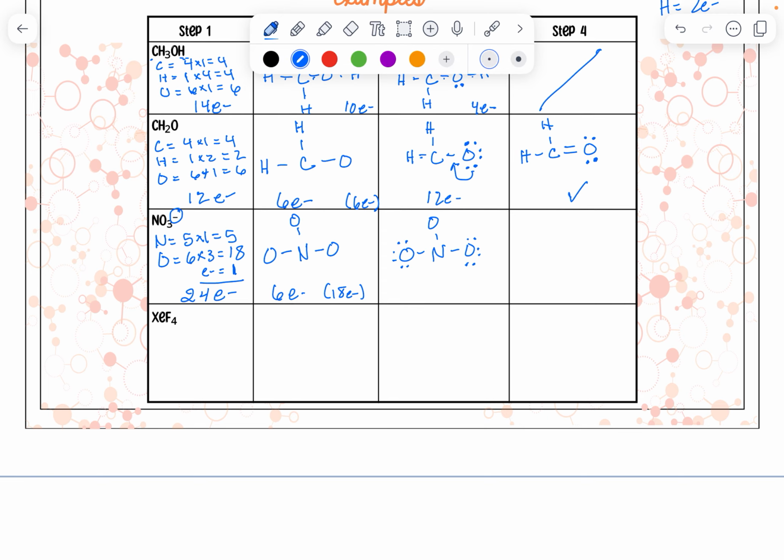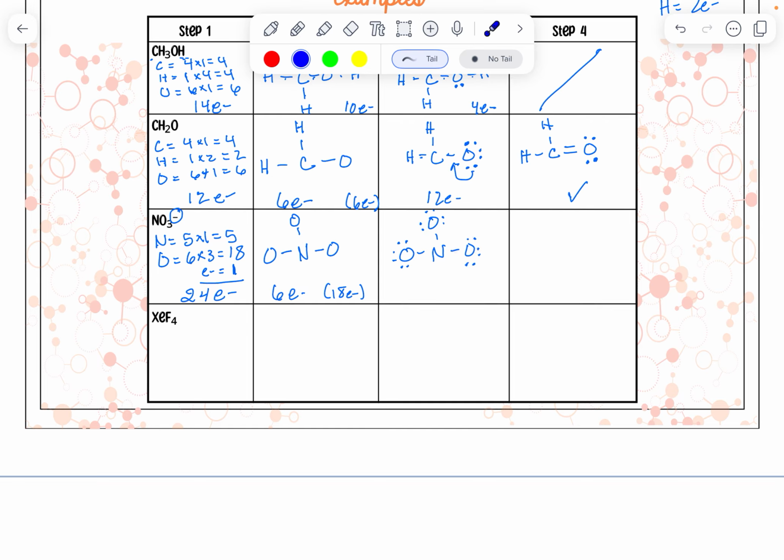Am I counting that right? I think I counted too much. Let's try that again. So 2, 4, 6, 8, 10, 12, 14, 16, 18, 20, 22, 24. So I've counted all my electrons. They're all accounted for. And each oxygen has 2, 4, 6, 8 electrons on it.